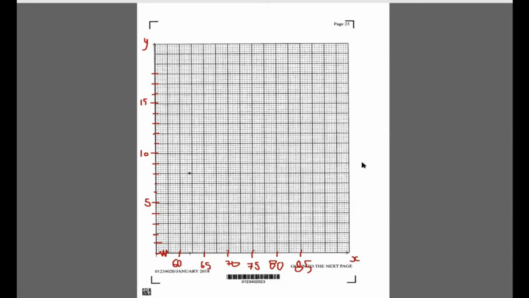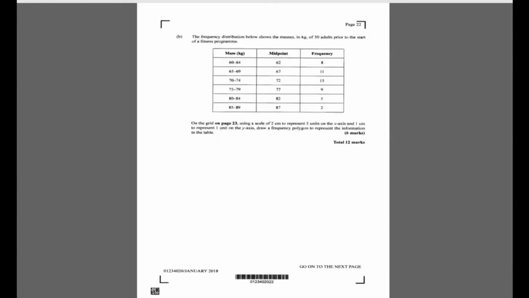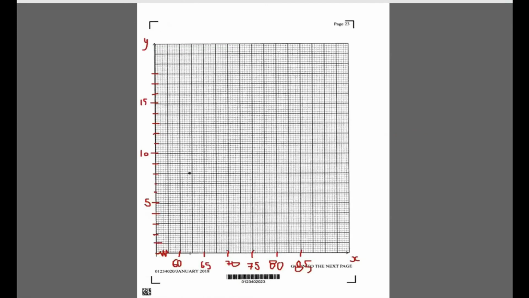The next point is 67 with 11. 67 is right here, and it goes up to 11.